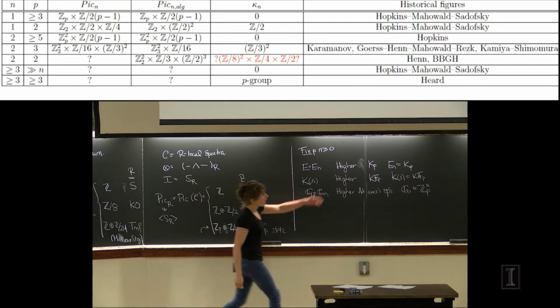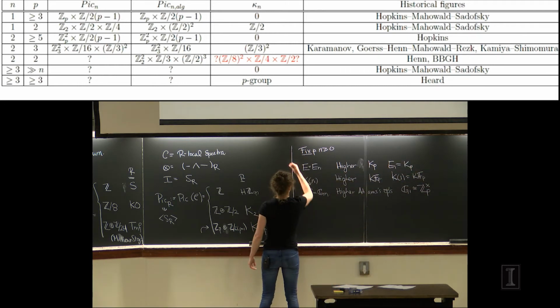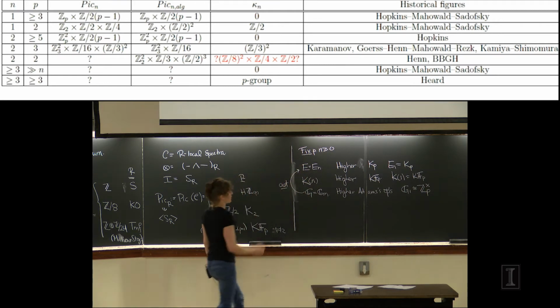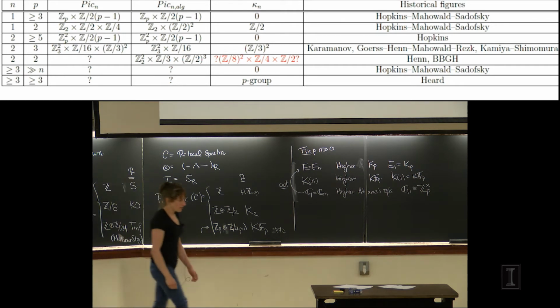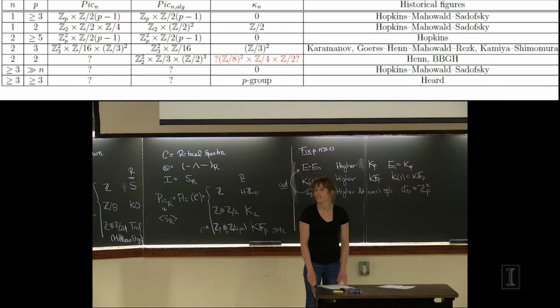And just like the Adams operations act on p-completed K-theory, there's an action of this group on the spectrum. Okay? I think there's a lot of people in the room that are responsible for this picture. Okay, so thanks, guys. It's great.